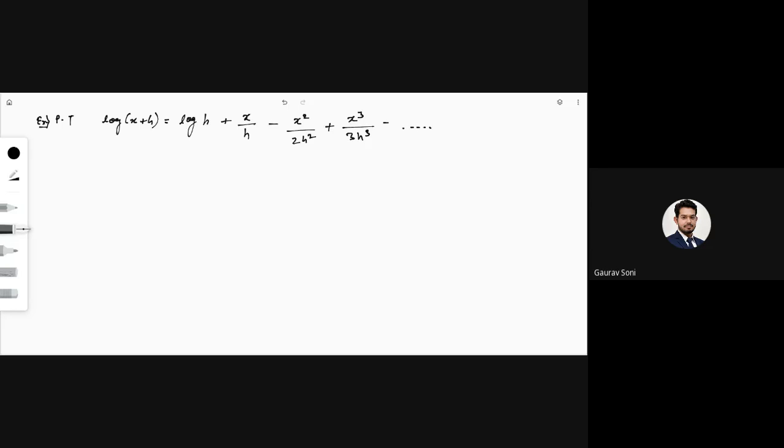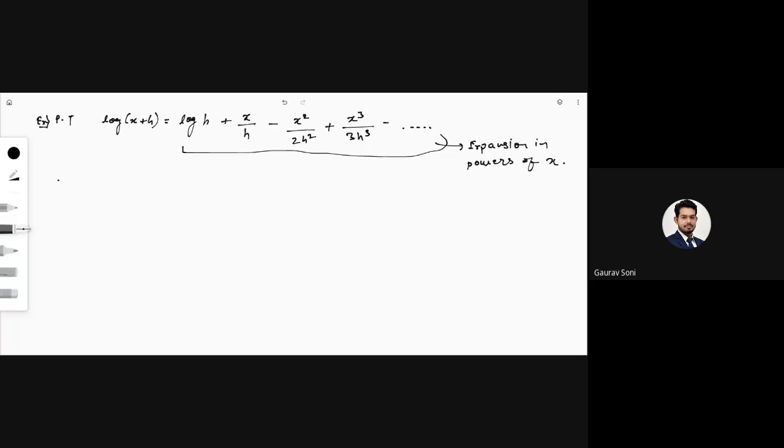If you look at the right hand side, in what powers is the series there? The series in powers of x. So this series on the right hand side is an expansion in powers of x.